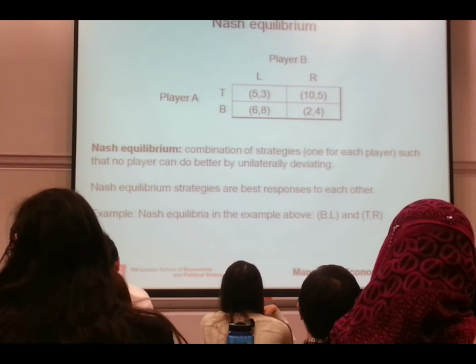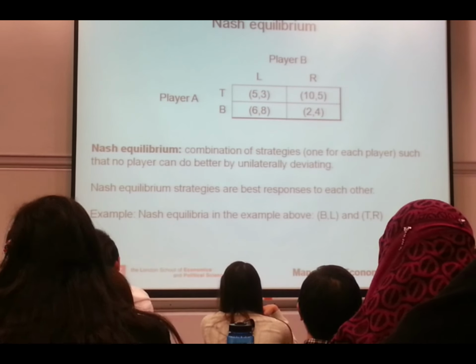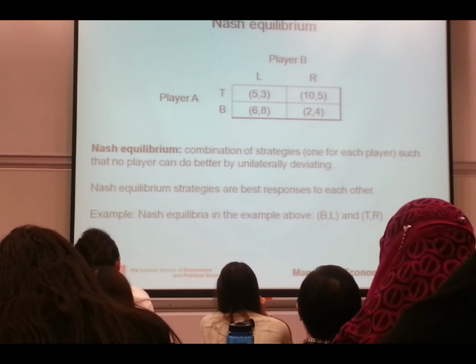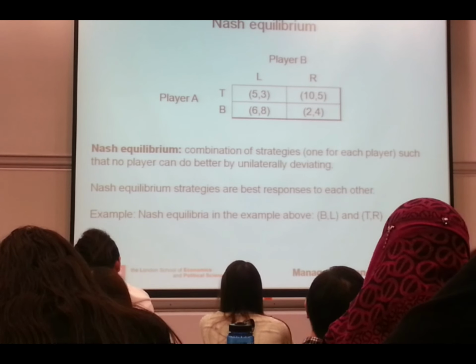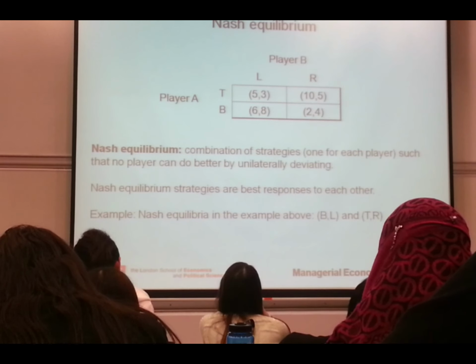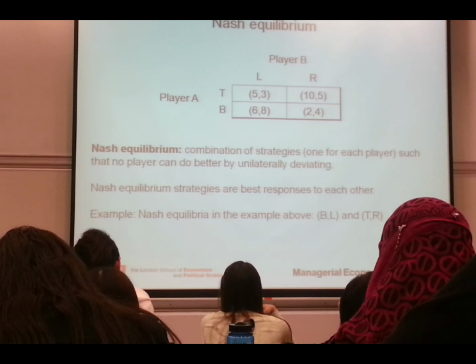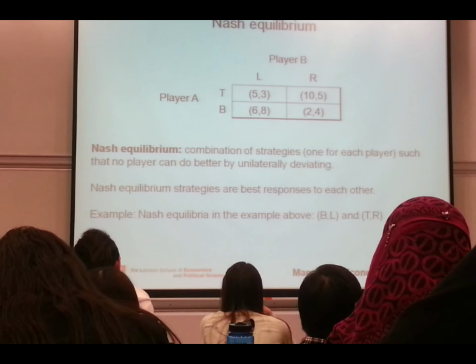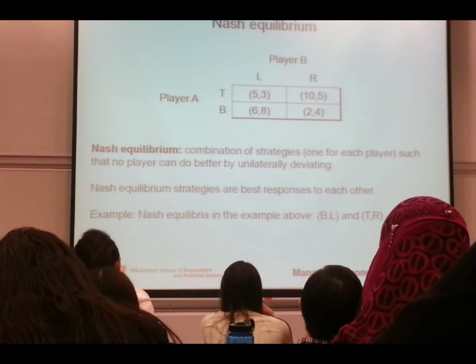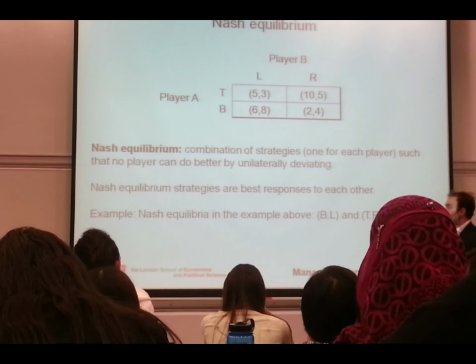So of course left is the best response. If player B chooses left, then player A can choose between bottom, which gives him 6, or top, which gives him 5. So again, bottom is the best response. So here, bottom and left is a combination of best responses.